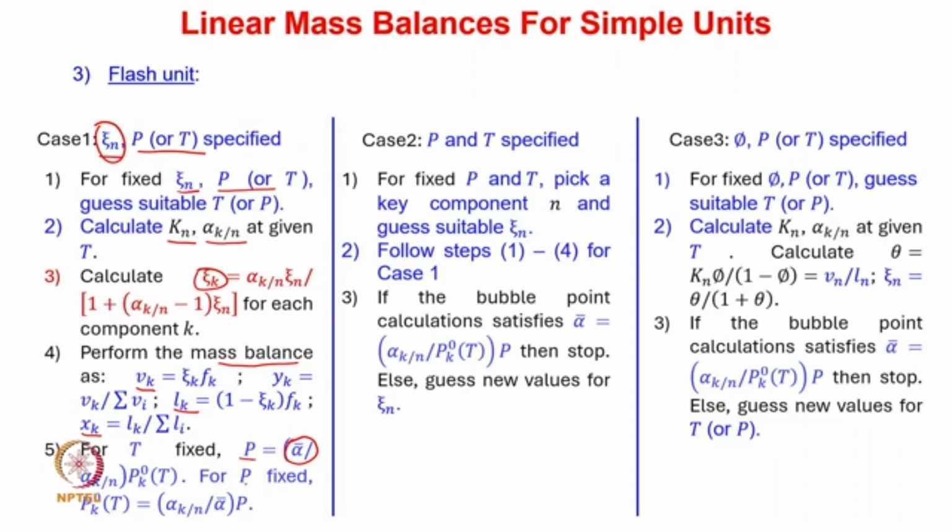And if the pressure is fixed, then we back calculate the temperature and we check whether this particular temperature is satisfying or not. If it is not satisfying, we repeat this calculation in an iterative manner, so that both assumed values and the obtained values from the equilibrium relations are matching with each other.